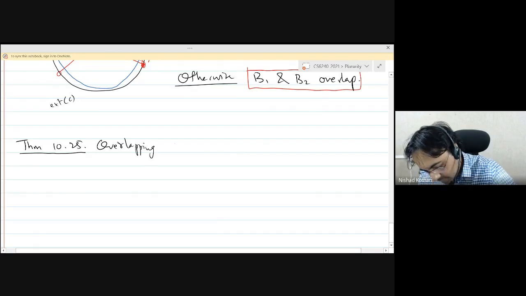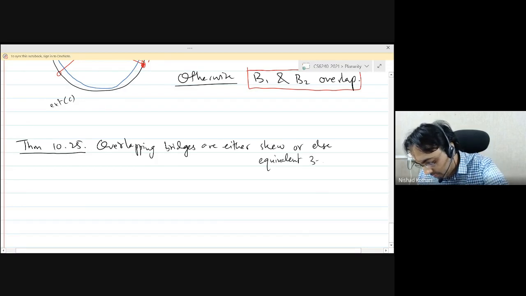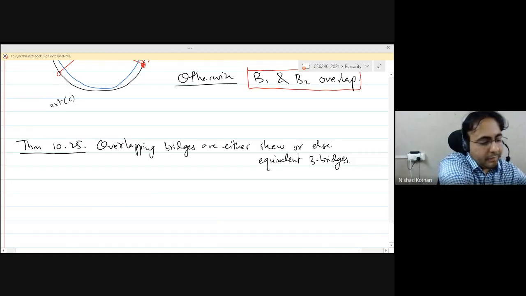Overlapping bridges are either skew or else. So when they are not skew, it is precisely because they are equivalent three bridges. That's the only case where the two bridges are not skew.